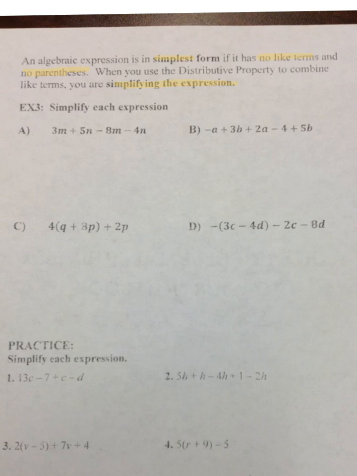So with these, when we're solving, again, the first thing I like to do is circle my terms. So for example, on this first one, we have 3m, positive 5n, negative 8m, and negative 4n. So the next step is I should write my like terms next to each other before I start combining them.